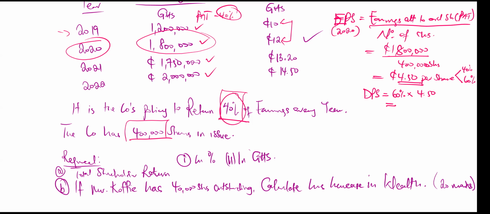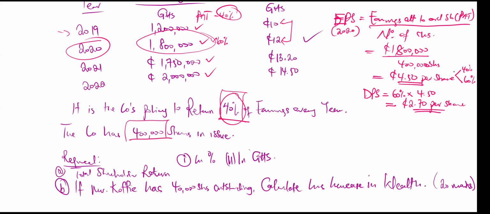That gives me 2.7, 2 cedis, 70 pesewas per share. Equally, you could have found the dividend straight, which would be this one times 60%, then you divide by the 400,000. Multiplication is commutative and associative, so you get the same figure. So now we've gotten the dividend per share for that period.